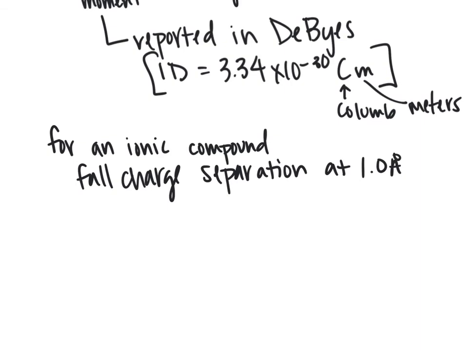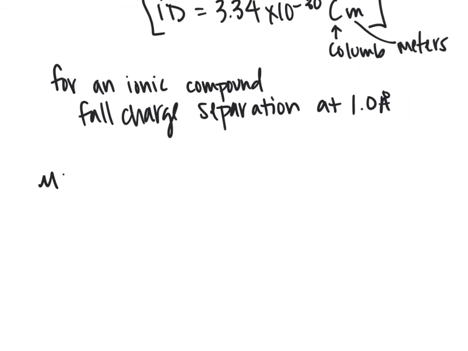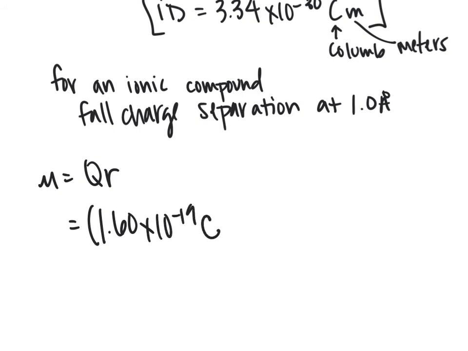We want to calculate the dipole moment. In this case, mu equals QR. Our charge is 1.60 times 10 to the negative 19 coulombs multiplied by our 1.00 angstroms.